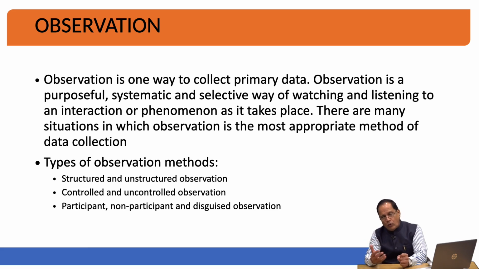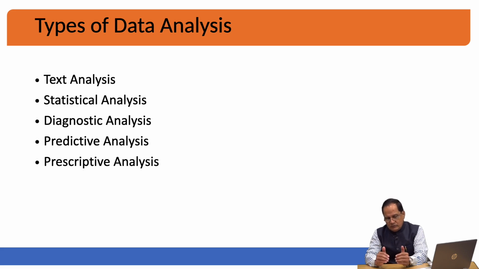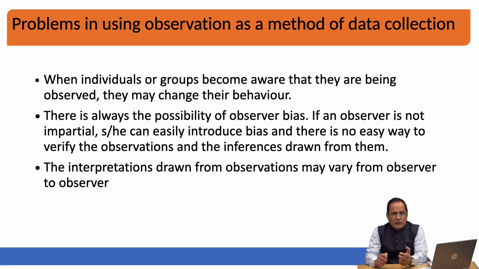Suppose the researcher wants to study the species propagation behavior of lions, then in that case the researcher will observe how many times lion and lionesses, and in which season, they are going for meeting. So again in this way data will be collected. Not only that, if we take the example of any chemical research or physical research, there might be a number of activities, processes, phenomena which might be happening physically, chemically, biologically. By observing them, data can be collected.